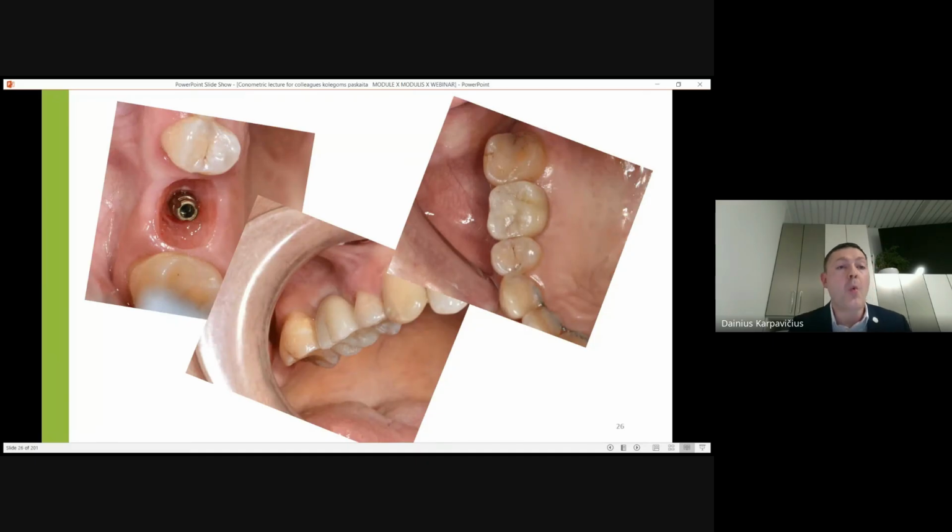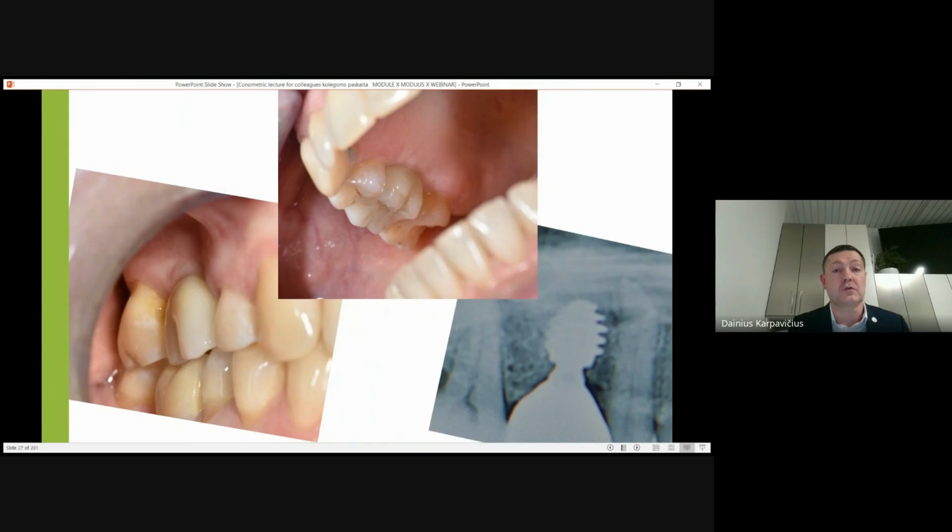We close it. It's a very good seal of this part. Bacteria cannot enter this tight connection, and so bone is very happy and is quite often above the implant. And later on, we're working just on the level of soft tissues.